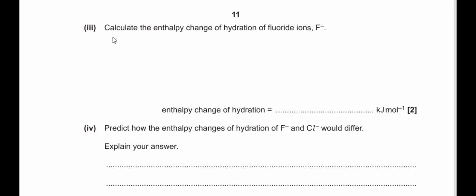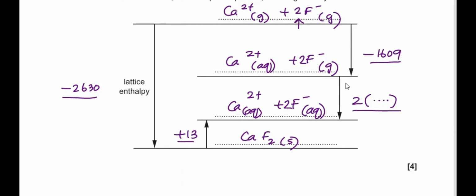Part 3. Calculate the enthalpy change of hydration of fluoride ions. Looking at this energy cycle diagram once again, you can see that this enthalpy of hydration of calcium and fluoride ions is actually the net of the lattice enthalpy and the enthalpy of solution.